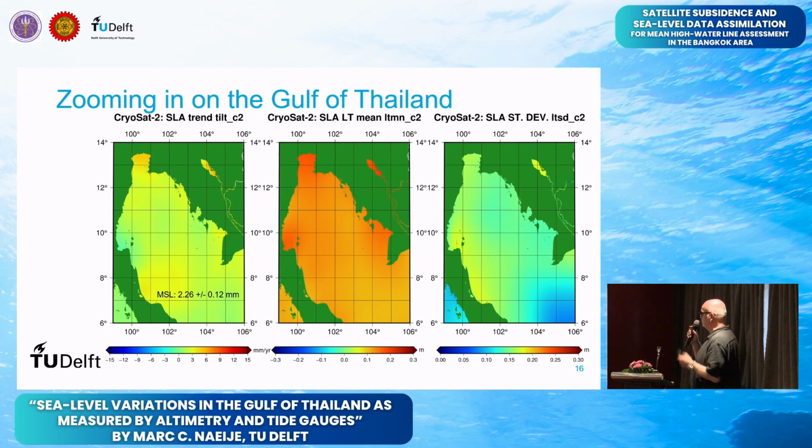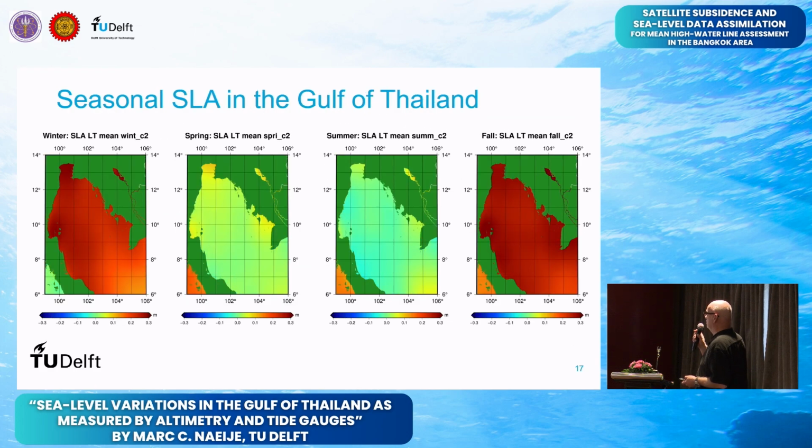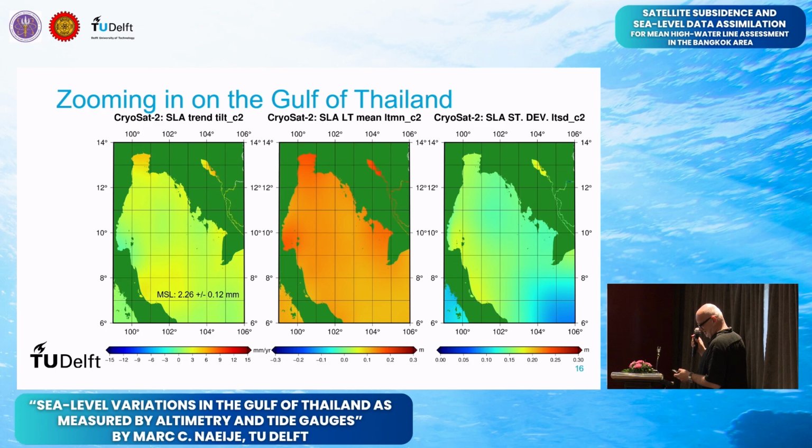So, time to zoom in on the Gulf of Thailand. We start on the left with the tilt, or the trend in the sea level, and this is the wrong button. Yes, okay. Sorry for that. So we have the trend in the mean sea level in the Gulf of Thailand.